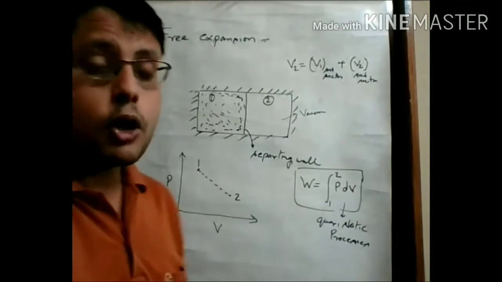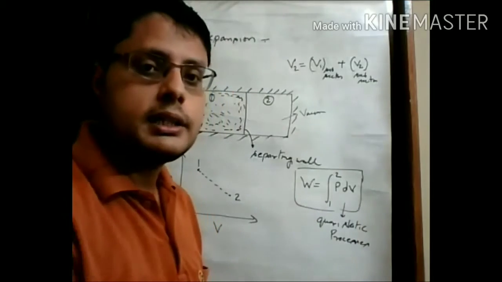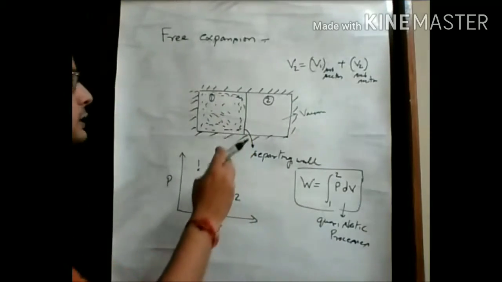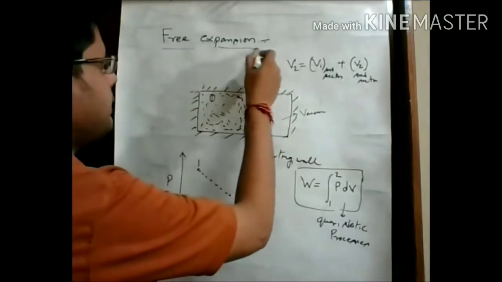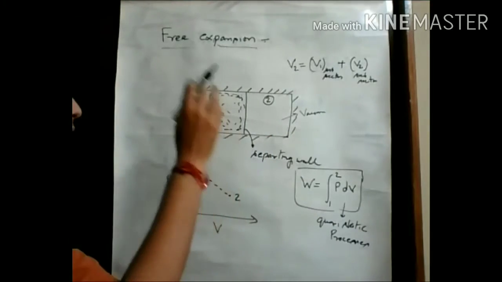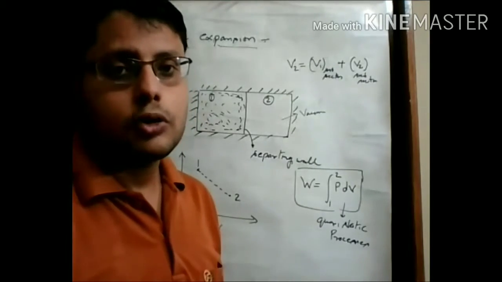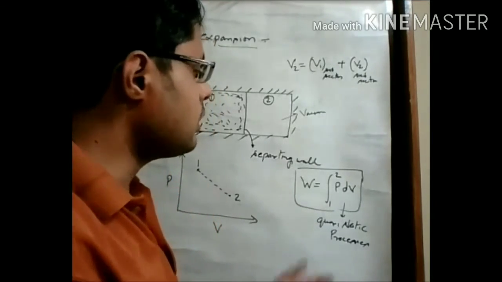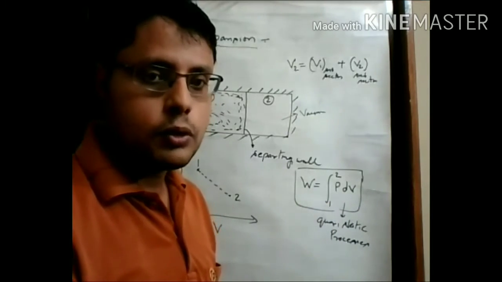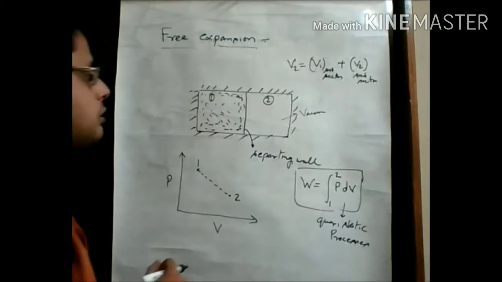But still we cannot calculate work done with this expression because it is valid only for quasi-static processes. In free expansion, the expansion takes place against the vacuum, so such processes happen in a very fast manner. So we cannot calculate the work done for this expansion by integration of PdV. Got my point?